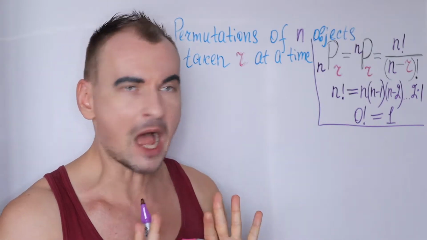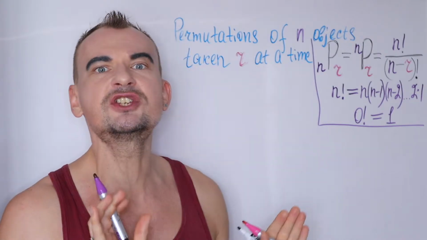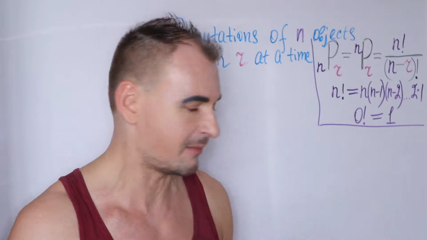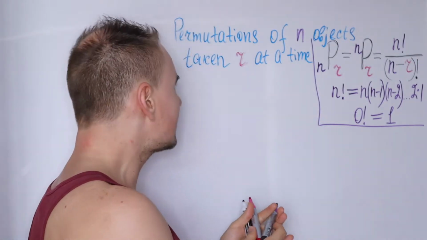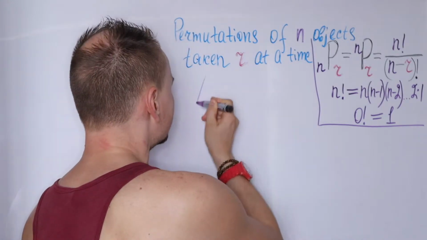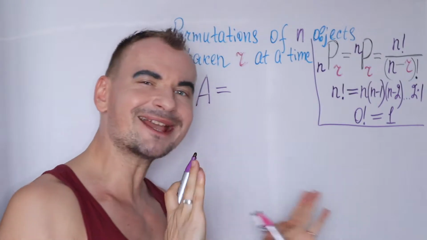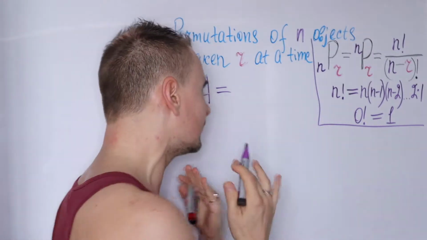Now, I think the best way to explain what it means is to take a look at an example. Say you have been given a 5-element set. Let's say you are given a set, let's call it A, and it comes a little bit into set theory, if you don't mind.